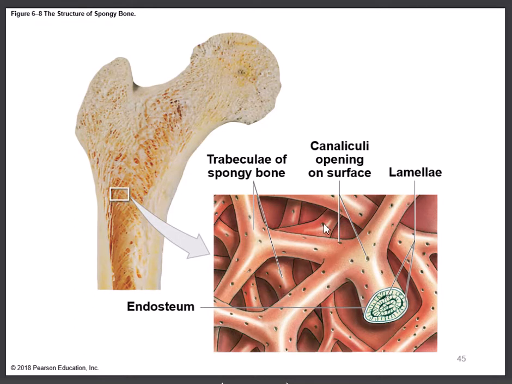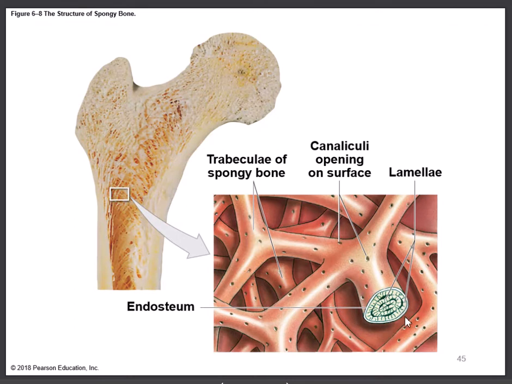It's a bloody tissue. So we really don't need blood vessels within the bone because we have the blood around the bone, and nutrients and oxygen and waste products are going to diffuse through these little openings right over here that bring the material in and out of the bone this way. Right? These are actually the openings of the canaliculi.